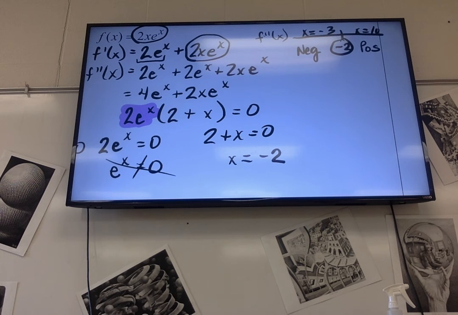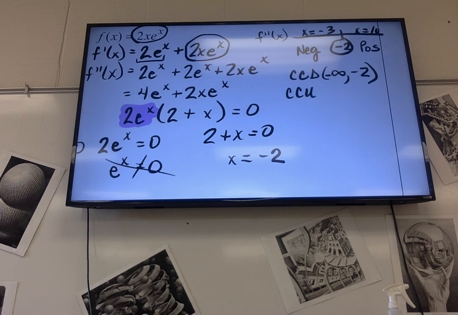And the directions want to know where it is concave upward and concave downward. So it's concave down where? Negative infinity to -2. Yeah, to the left of -2 is where it's negative, which means it's concave down for the second derivative.